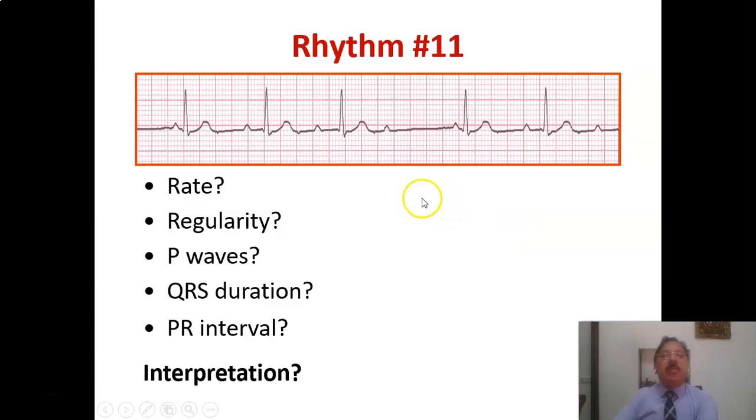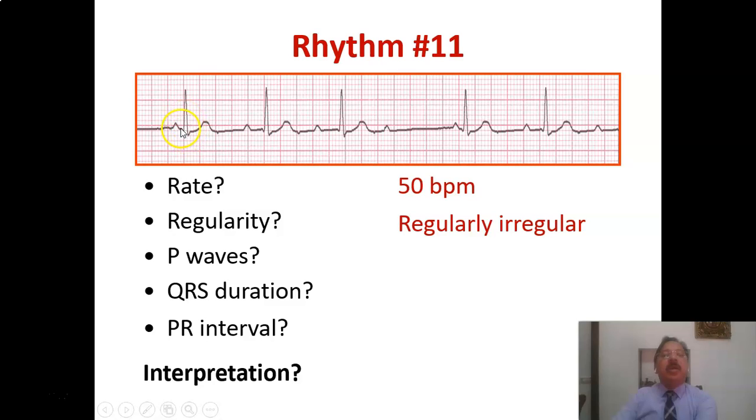Look at this rhythm strip, rhythm number 11. First step, rate. Rate is slow here and it's irregular. So that's why you should apply the 6-second method or 3-second method here. P waves are seen, and they are of normal shape.